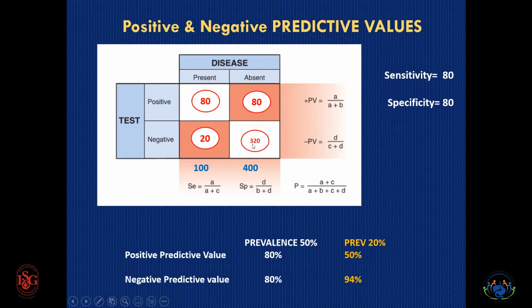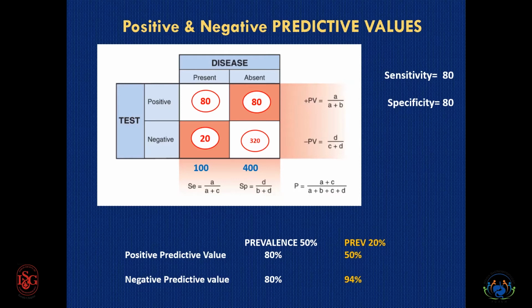Among the 400 people, because the specificity is 80%, 320 will have a negative test and 80 will have a positive test. So if you calculate the positive predictive value in this population, it will be 50%. And if you calculate the negative predictive value, it will be 94%.